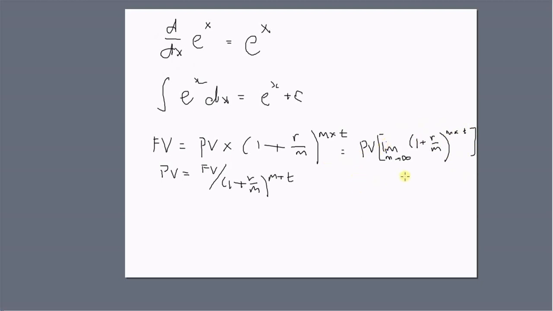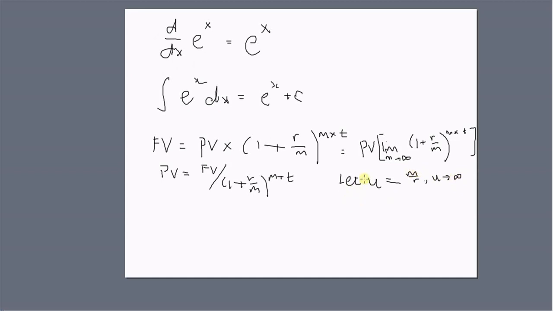We can let u be m over r. So when m tends to infinity, u tends to infinity as well, because m is in the numerator.